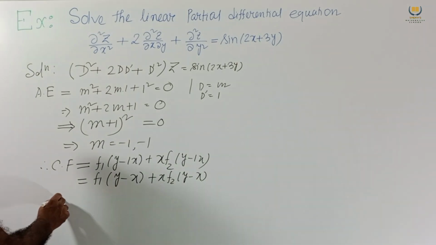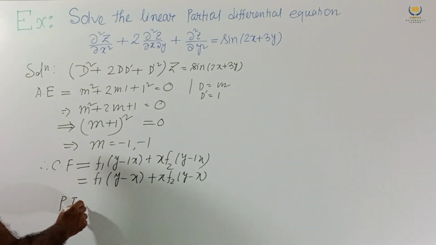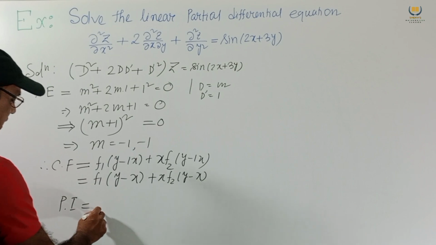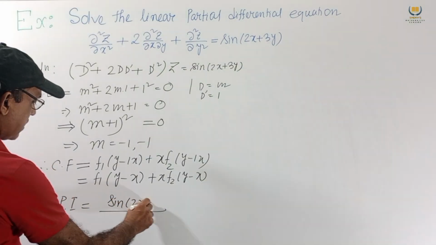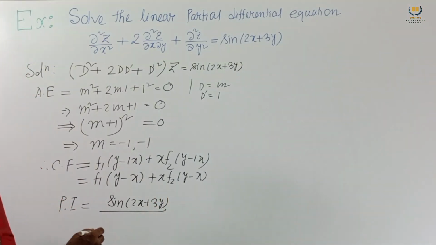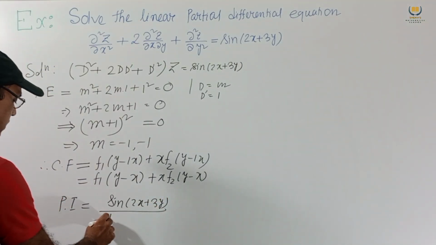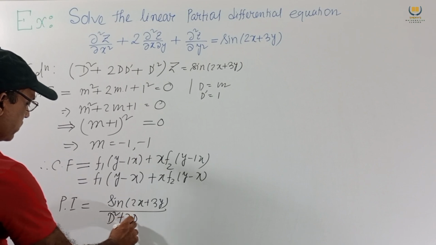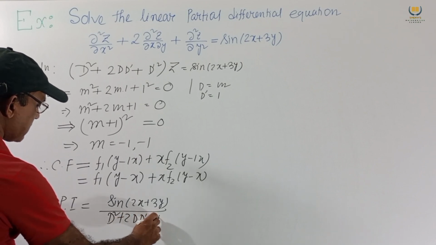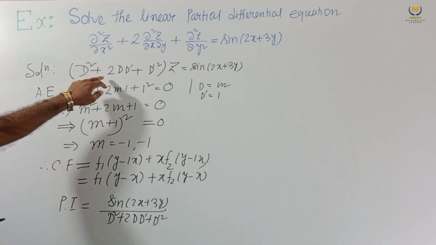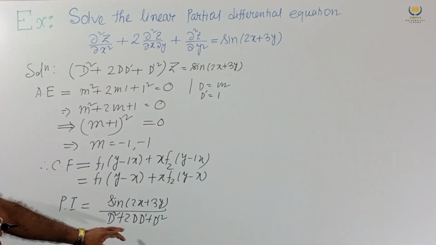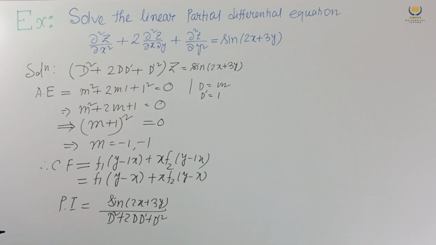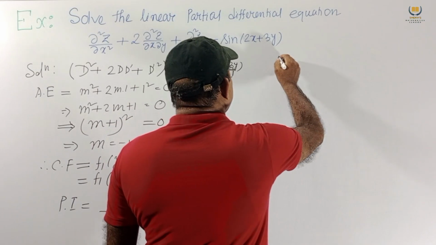Now we find the particular integral. Particular integral equals the right hand side, sin(2x+3y), divided by D² + 2DD' + D'². Now we put the values in this way.